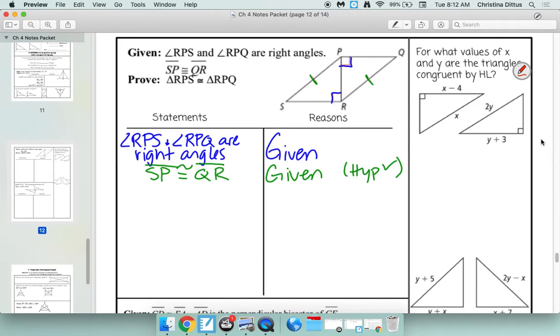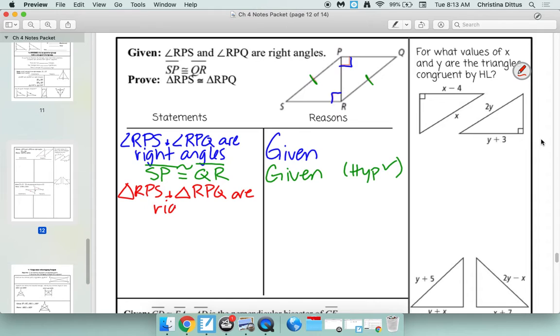Alright. Here's the one part that I said kind of seems silly, I know. But since we have right angles, we have to say that we have right triangles. I don't know why the rules are that way, but the rules are that way. So all you're going to do is instead of writing angles here, we're going to turn them into triangles. So triangle RPS and triangle RPQ are right.